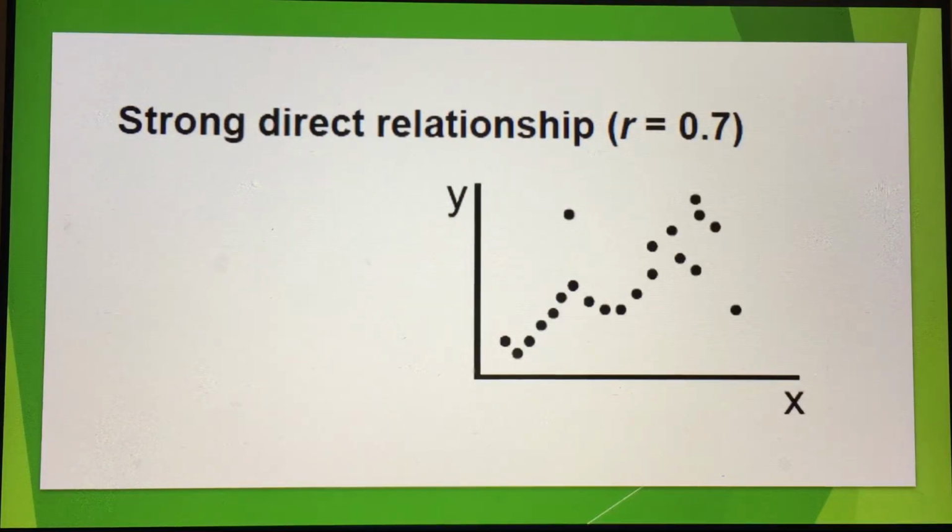The third classification is the strong direct relationship. So, for example, dito, yung coefficient of correlation is 0.7. Kung mapapansin nyo, yung mga dotted points inside the scatter diagram on this illustration, hiwa-hiwalay yung mga points.